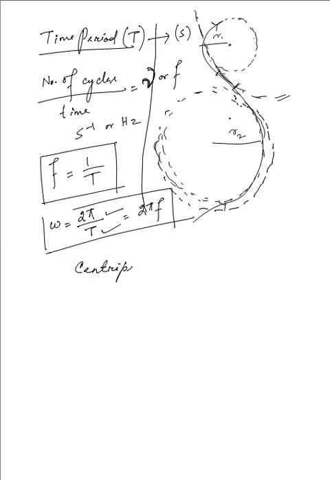Now, in case of uniform circular motion, if we have an object moving along a circular path at a constant speed, remember I said that even if the speed remains constant, the direction keeps on changing, and with the change in direction the velocity changes, and because the velocity changes we have a scope for acceleration. So that acceleration leads to what we call centripetal acceleration.